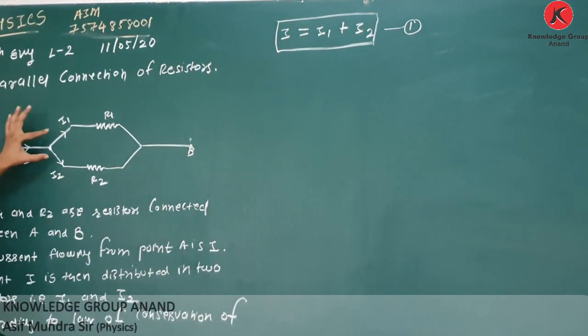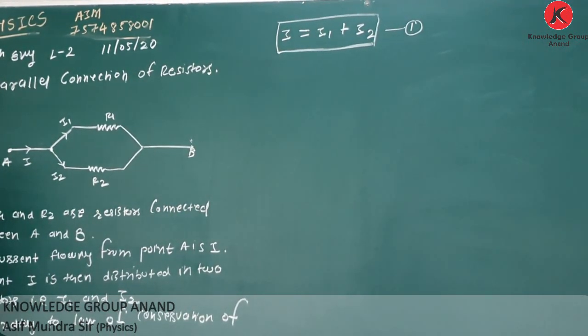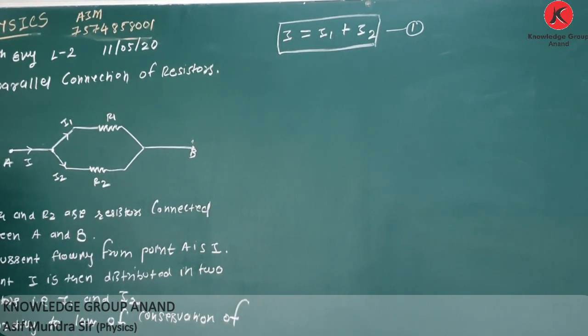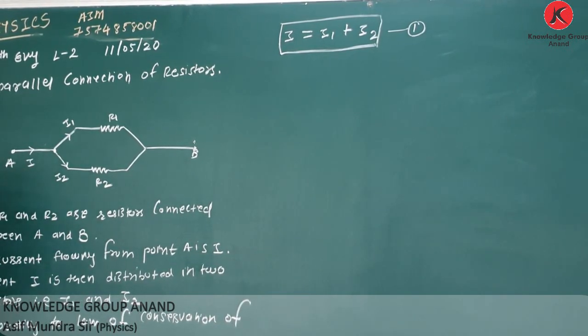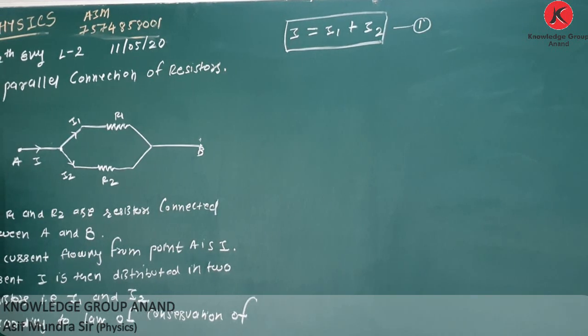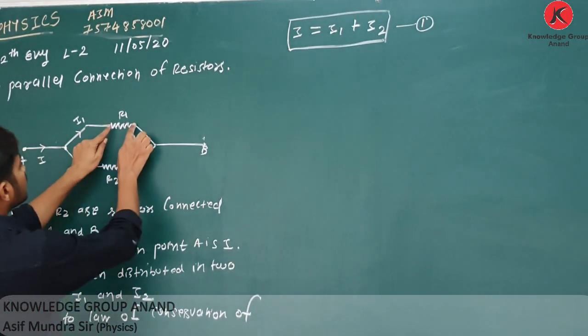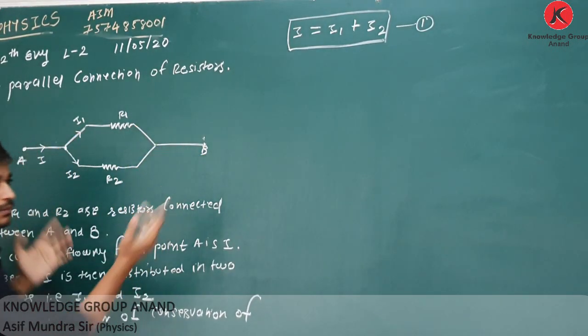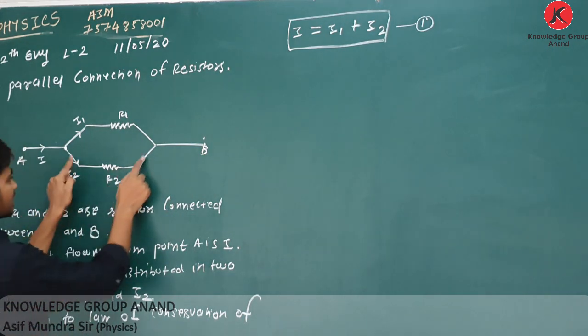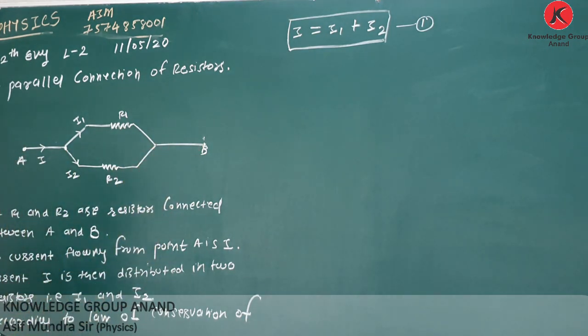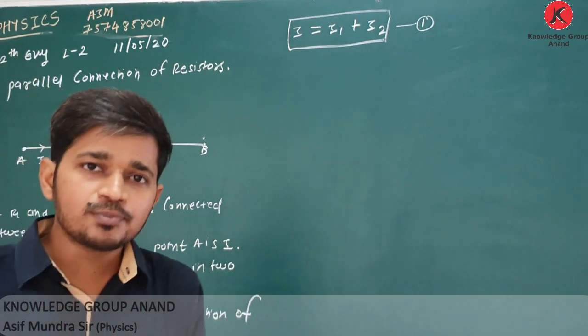Current I is equal to I1 plus I2. Clear about this? In series connection, current remains the same. Yes or no? Yes. Now what about potential difference? See, two ends of these resistors, A and B. R1 and R2 are connected between two common points A and B.